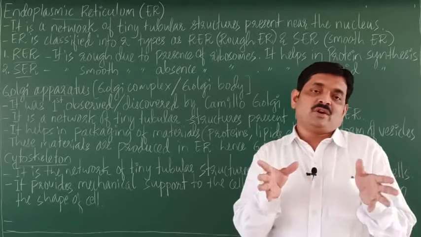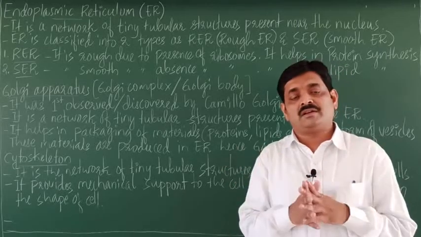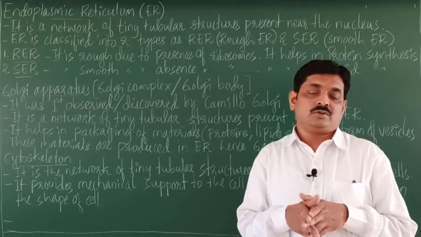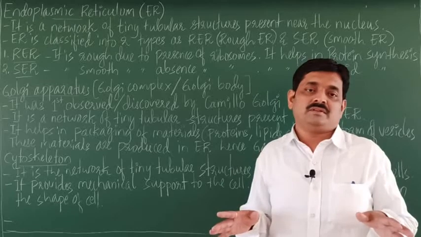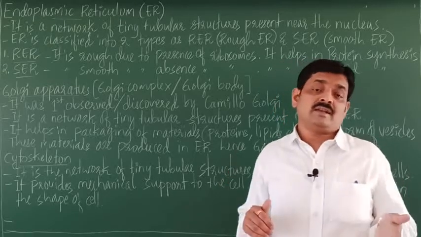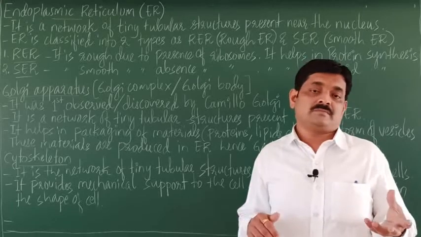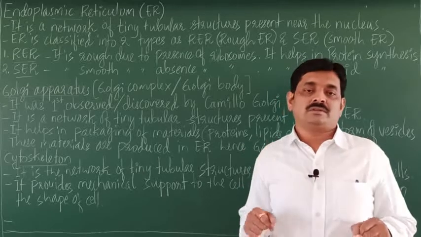Here, if you observe Golgi apparatus, it is very similar to the endoplasmic reticulum. So the definitions are also almost the same, right? So what is this Golgi apparatus? If you observe the structure, it is just like a network.